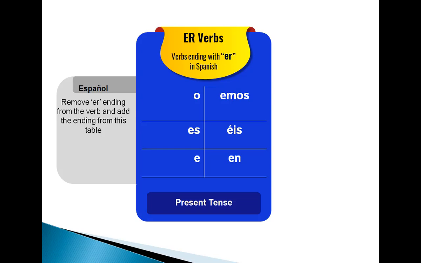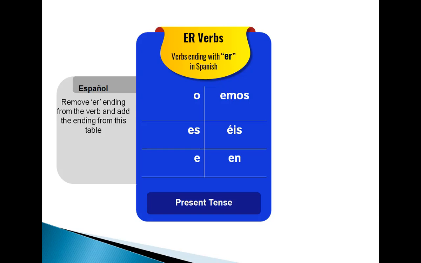And ustedes, ellos and ellas form, en. And yes, again, these endings are applicable when we're talking in present tense. That's something to remember by. So, o, es, e, emos, éis, en. That's for ER verbs or ER ending verbs.